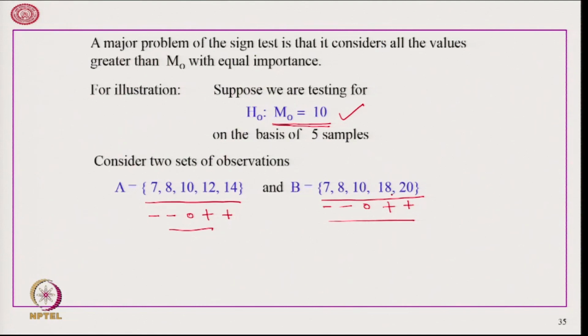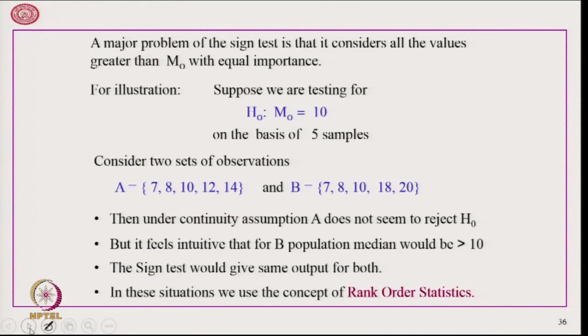However, if we look at this, that it is a continuous distribution and observed values are from 7 to 20, then we can easily feel that the median should not be 10, it should be something higher than that. That is a basic intuition. Hence, what I am saying is that under the continuity assumption, A does not seem to reject H naught, because both of them are giving 2 minus and 2 plus.